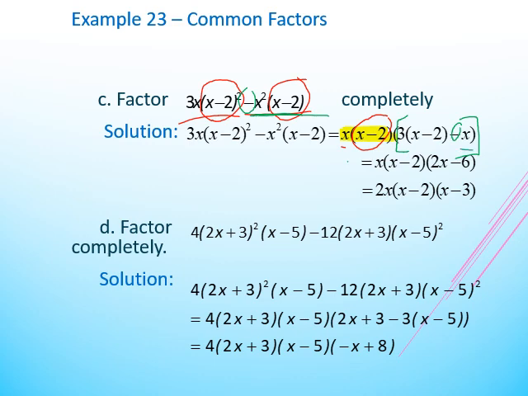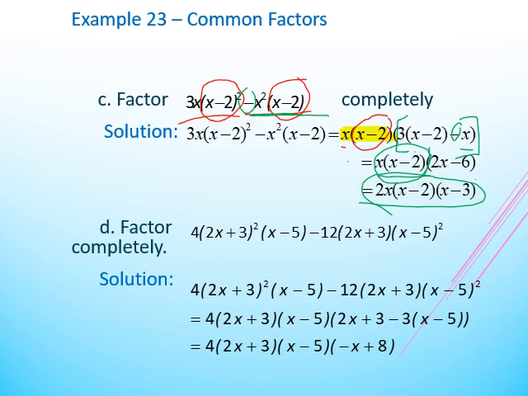Let's continue and simplify by multiplying: 3 times x is 3x, 3 times 2 equals 6, and 3x minus x equals 2x, and minus times minus gives a positive sign, so it will be positive 2x minus 6. The final result will be 2x times (x minus 2) times (x minus 3).